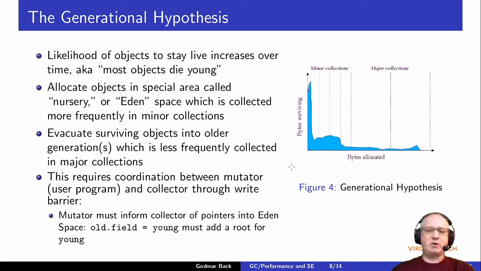So if there's an assignment where an object that is outside the Eden space points into the Eden space through a field, then the collector needs to be informed that this object inside the Eden space needs to be kept alive and eventually evacuated. So this is a so-called write barrier because it is an action that the mutator has to perform when it, in this case, writes to an object, when it sets a field in an object.